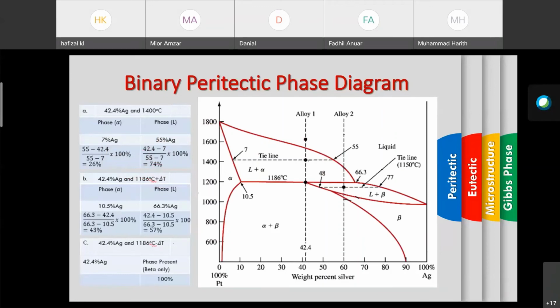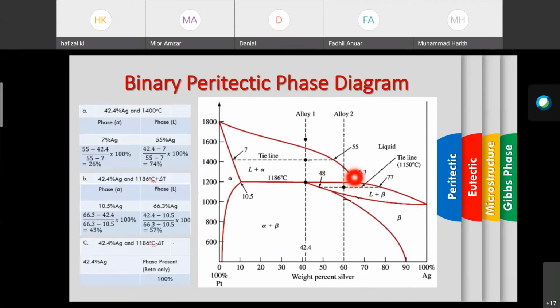Okay, and what will happen at the line of 1185, 1186? This is a point where the value is a little bit higher, maybe 1186.5. At this higher value, we will make a tie line here, where we hit 10.5 and also hit this point 60.3.